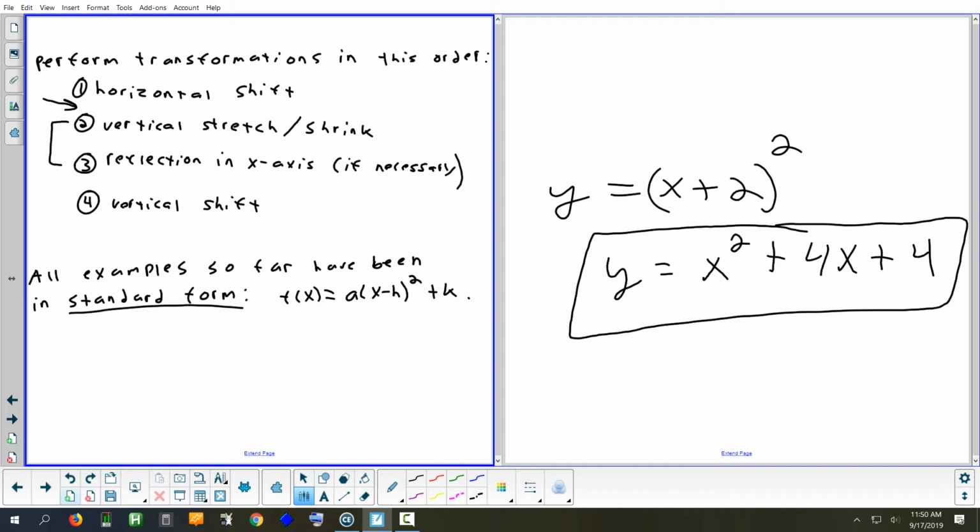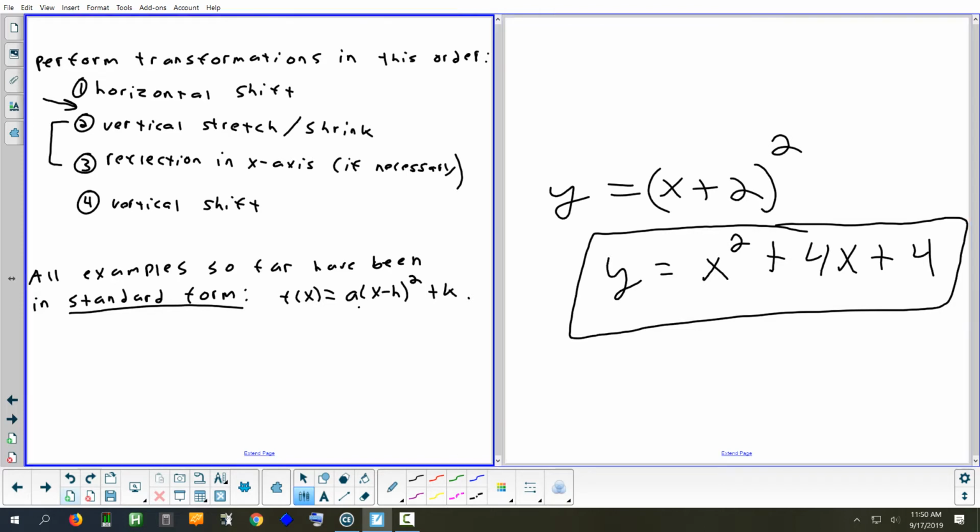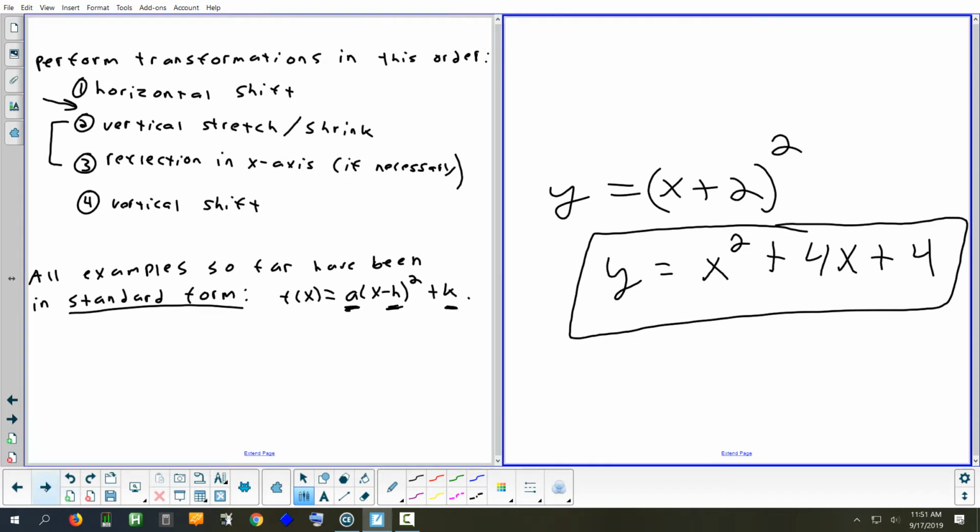Standard form makes it very easy to see what we changed. Did we shift it up, down, left, or right? When you put it in this form, then you can see the A, the H, and the K. But FOILed out, there's a B and a C, and they just get absorbed. You can't tell which one is which.